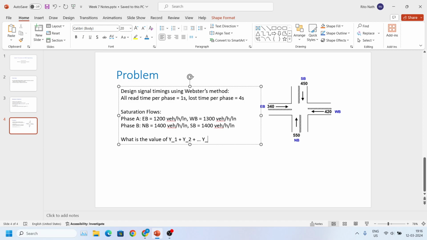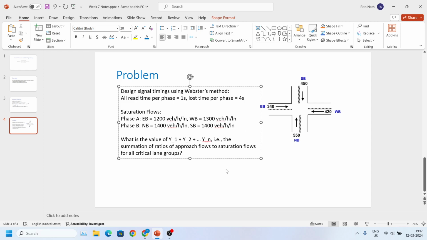The number of phases that you have, suppose I'm denoting it as n instead of I. So that is the summation of the ratios of approach flows to saturation flows for all critical lane groups. Okay, so you're asked this.